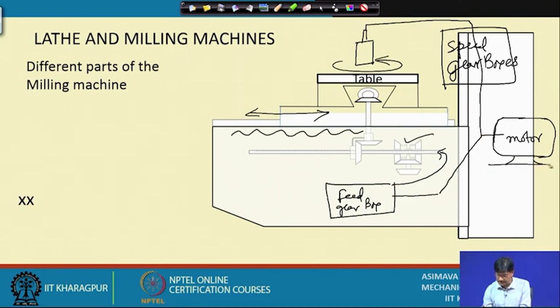So, let us make it stationary. This shaft is stationary, and maybe here you have used some sort of universal joints. Okay. Some universal joints are used at this place and this place, so that though it is not having the same axis, you are still able to transmit power this way.